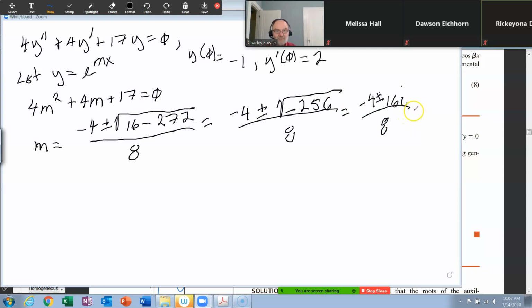Now let's split it up to a real and imaginary part. The real part is minus 1/2. And the imaginary part is plus or minus 2i. Okay, and that tells you right now the alpha is minus 1/2 and the beta is 2.